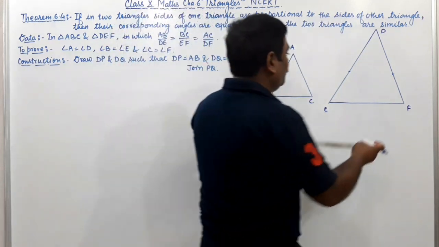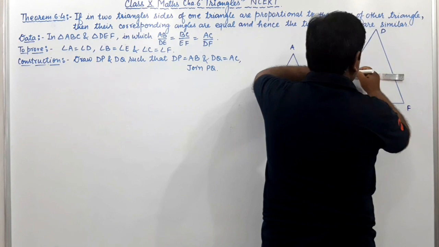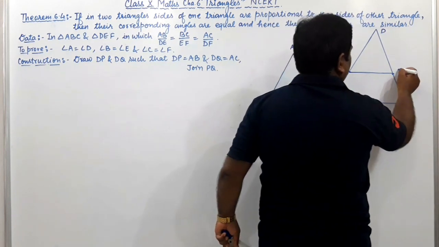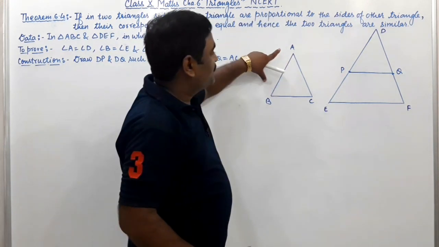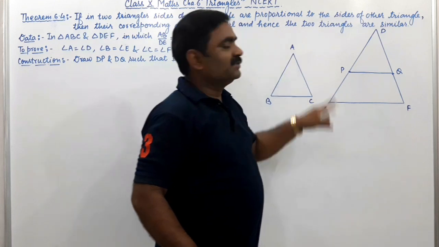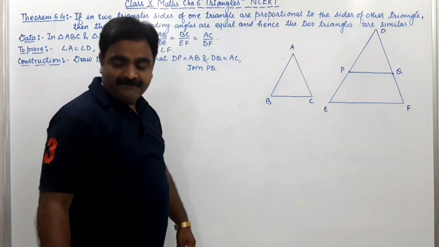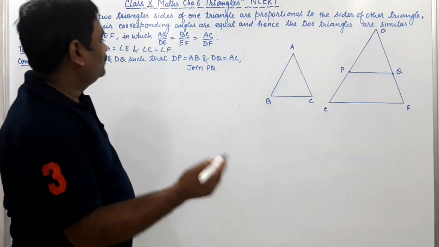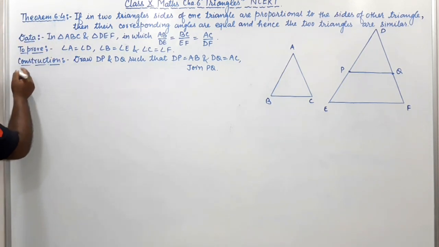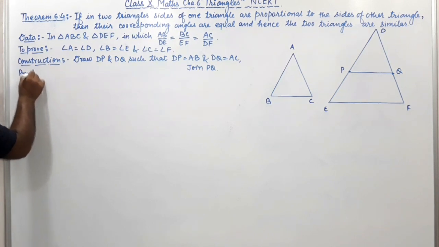And why, how have you taken this P and Q? The information we have written: this DP must be equal to AB and this DQ is equal to AC. Right? Okay. Now let us start proving this question. So in the proof of this, be careful.